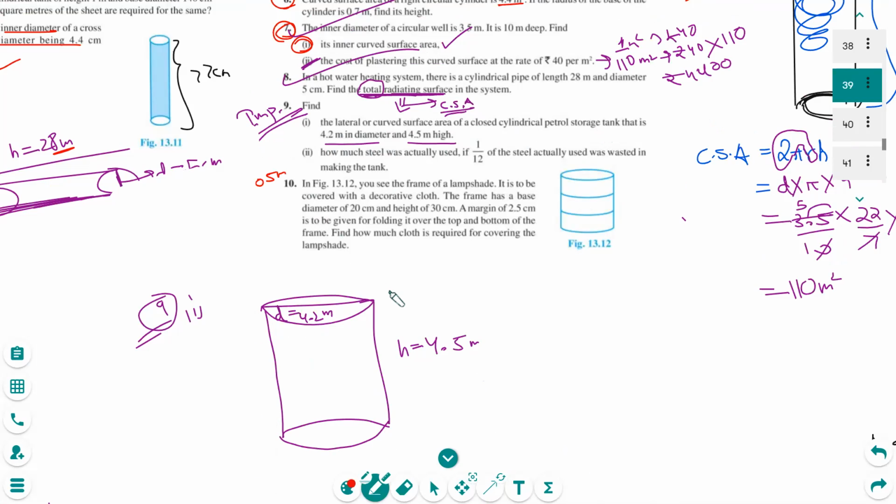Guys, you calculate the surface area. How about you people do it? Quickly calculate it for me. Put the values and calculate it for me. Yes, I will wait.